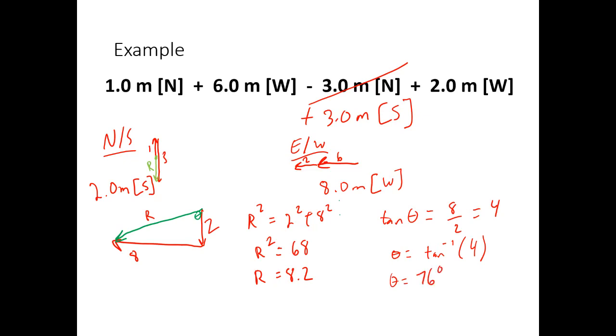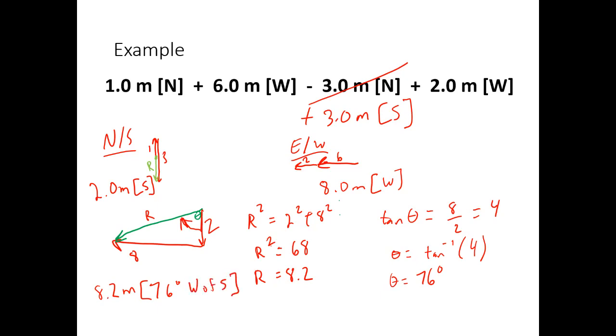To state this answer, we'll have our vector that is 8.2 meters, where we have drawn our theta, that is 76 degrees. We start at south and go over in this direction. We're going to be going 76 degrees west of south.